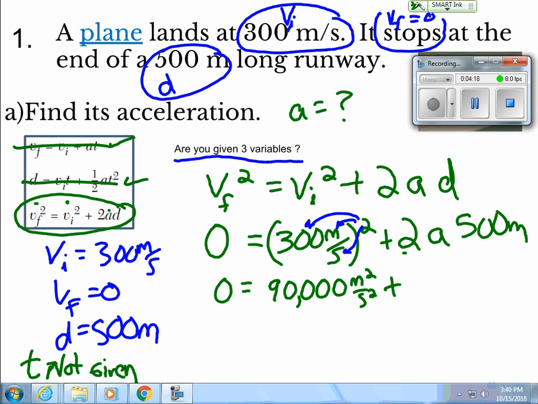Now I'm multiplying my 2 and my 500 together, and I get 10,000 meters times my A, which is the acceleration. Not really looking good here yet.